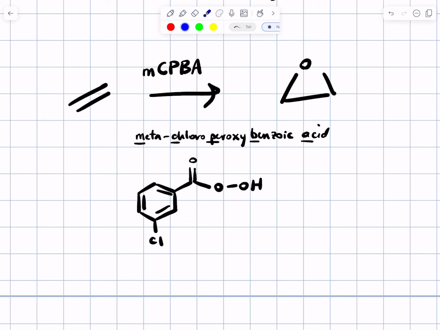Oxygen-oxygen bonds are relatively weak. You can look up their bond dissociation energies. They break pretty easily. And so you will find that this is an oxidizing agent. You will find that a lot of oxidizing agents have bonds between oxygen and oxygen, or perhaps bonds between nitrogen and oxygen. The weakness of that bond makes it so that you can do the reactions that we'll talk about.